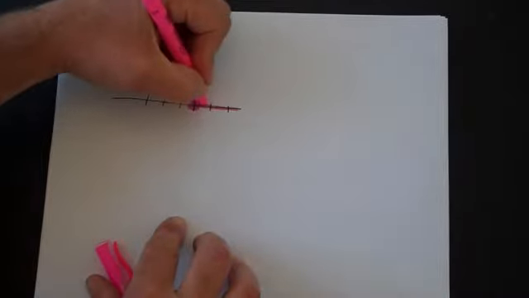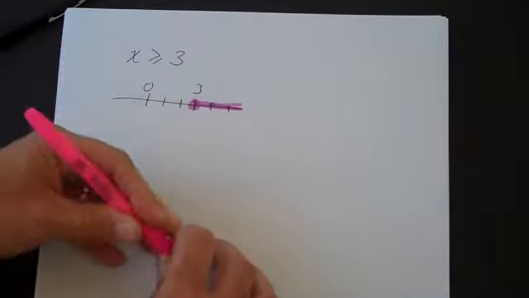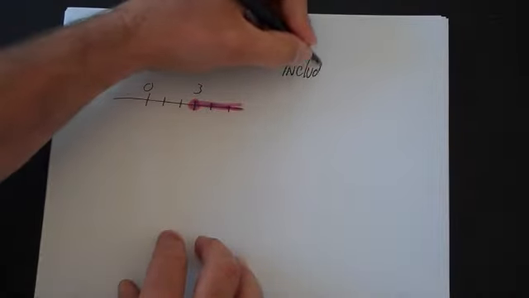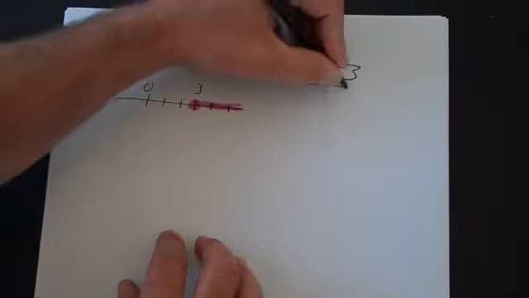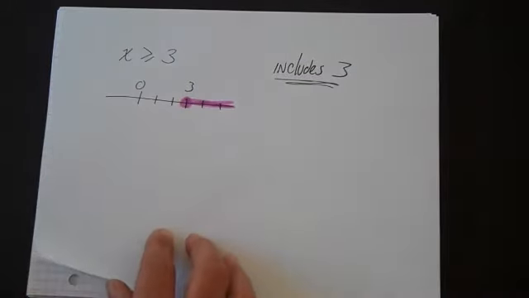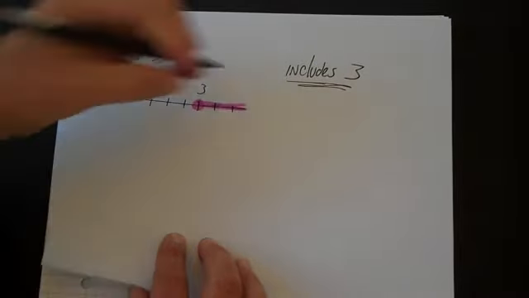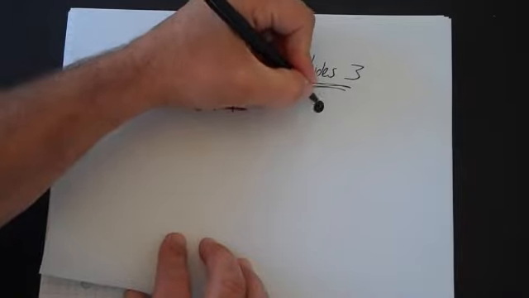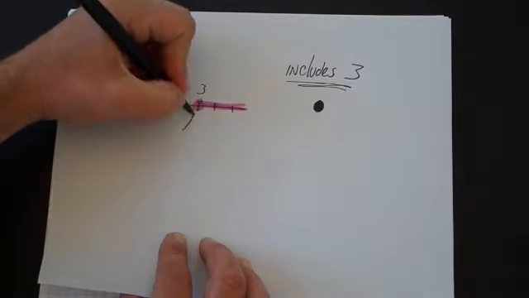The key here is it includes 3. And the way that we signify that is with a closed dot.